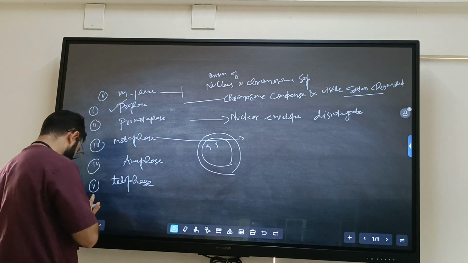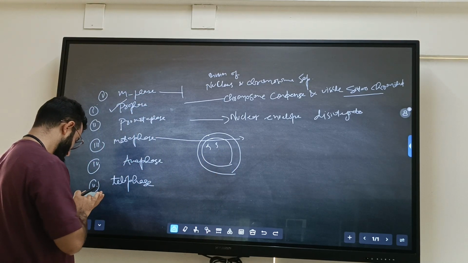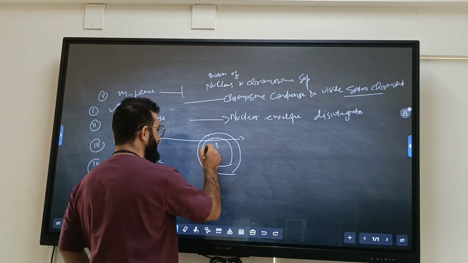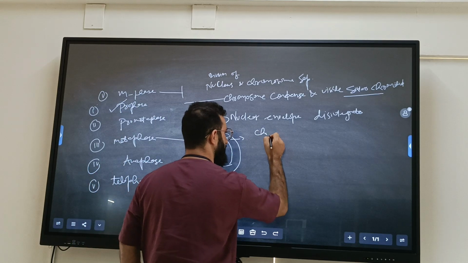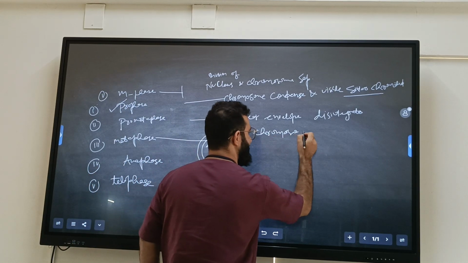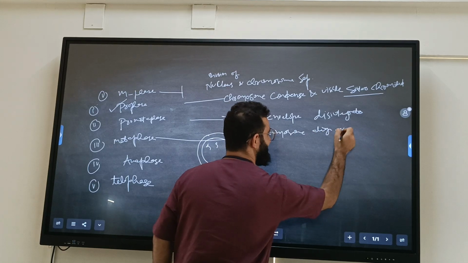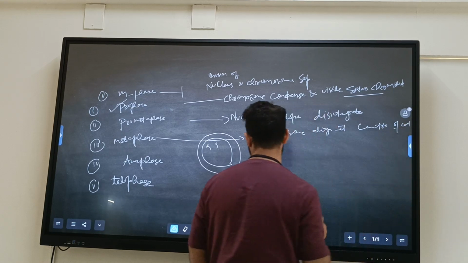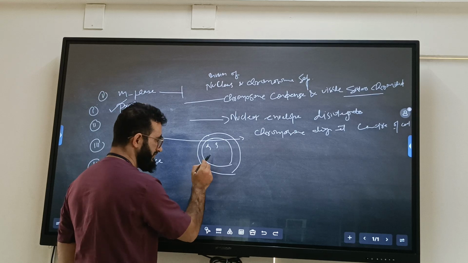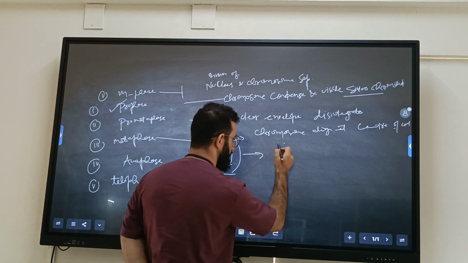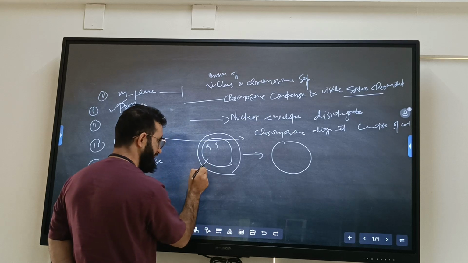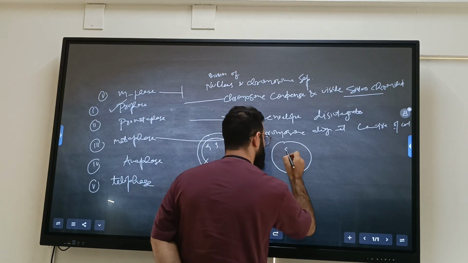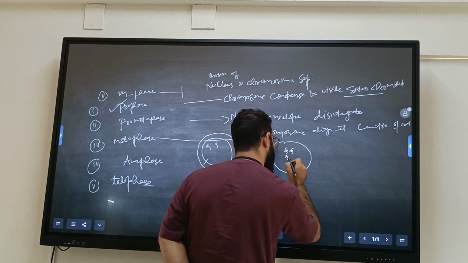In metaphase, the chromosomes align at the center of the cell. See, this was the previous event. In the next event, what will happen? This nuclear envelope breaks in the prometaphase, and now in metaphase, these chromosomes align in the center.